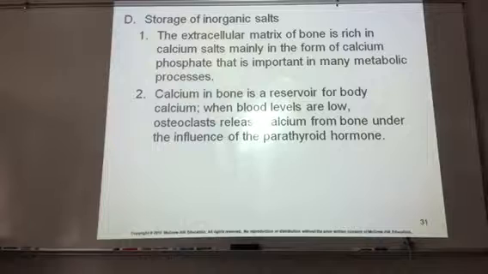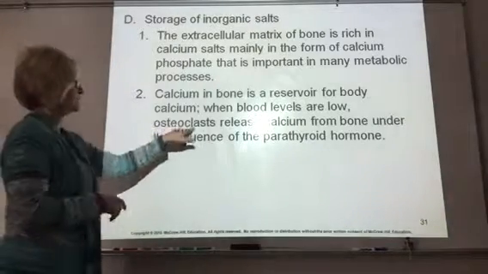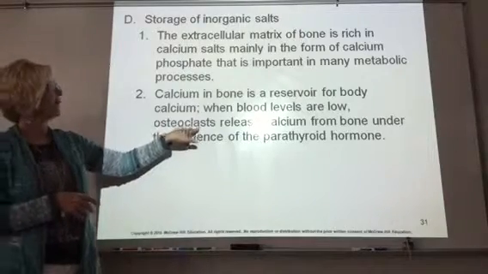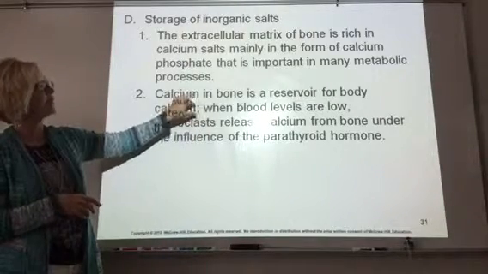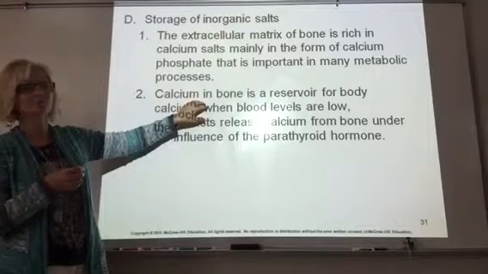So the calcium in bone is a reservoir, so it's going to store extra calcium or body calcium, so that if your blood levels are low on calcium, osteoclasts, clasts break down, osteoclasts are going to break down this little portion of bone.